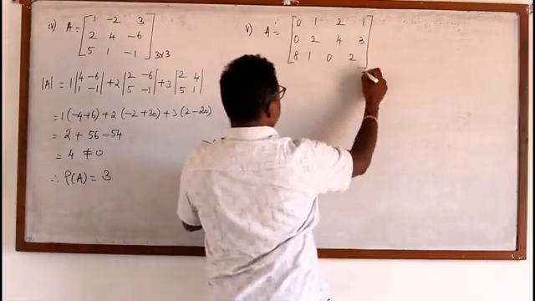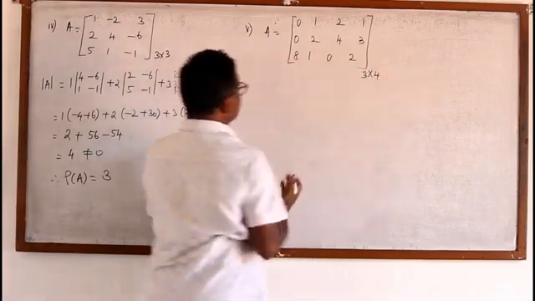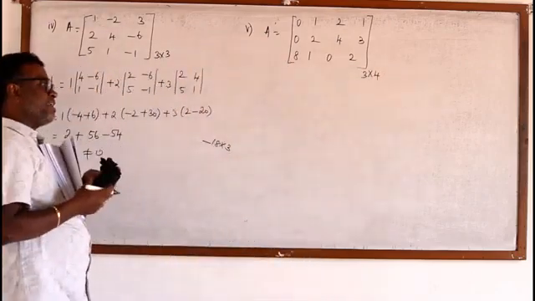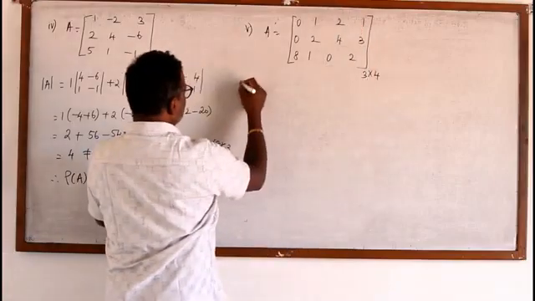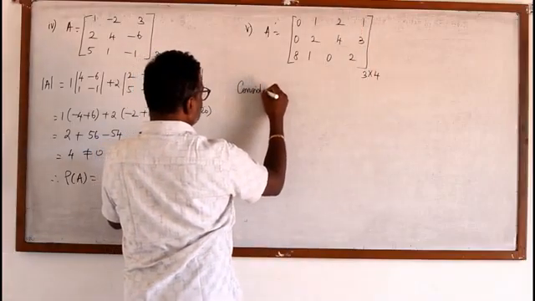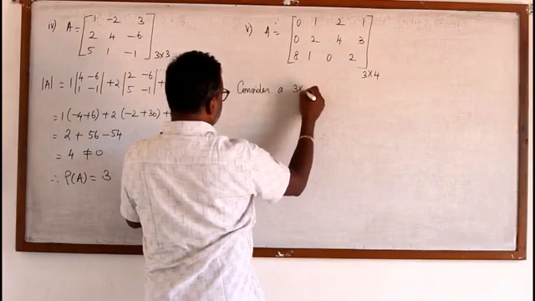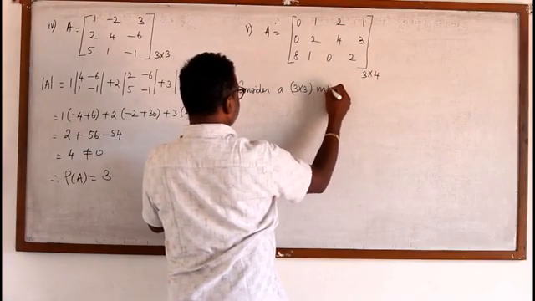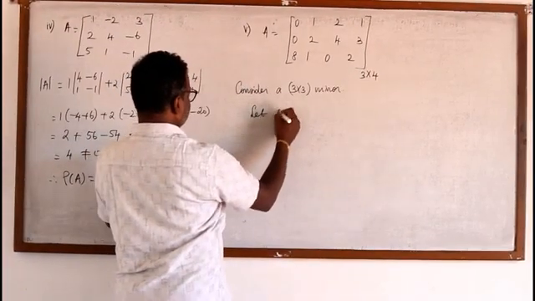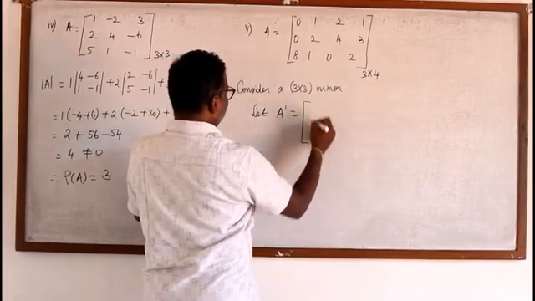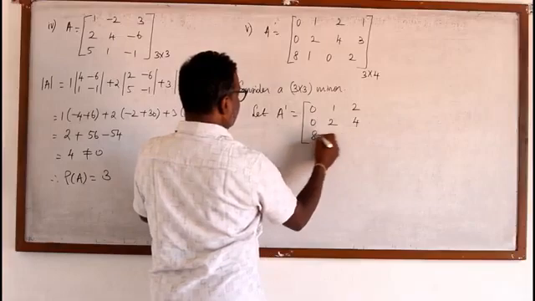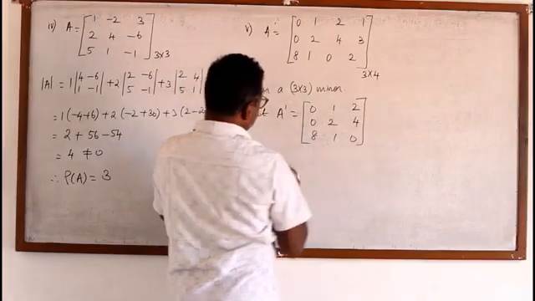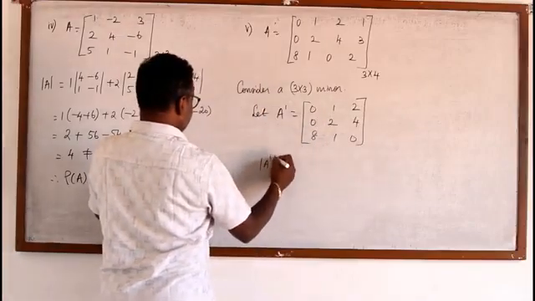The order of the matrix is 3 rows, 4 columns. So if I take a minor, omitting any column, it will be a 3 cross 3 minor. Let A dash equal to 0, 1, 2, 0, 2, 4, 8, 1, 0, we shall find the determinant of A dash.